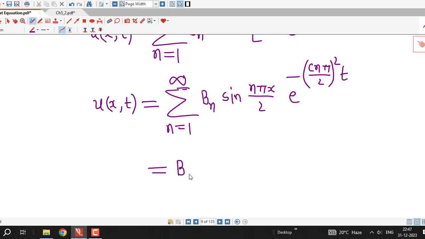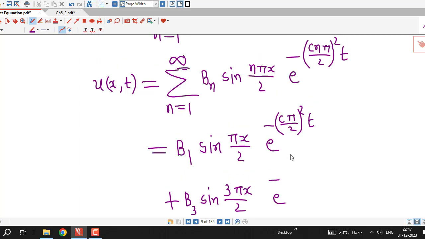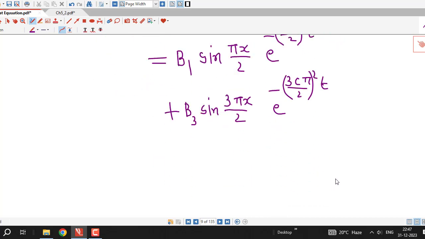For n equal to 1, I will have B1 times sin(πx/2) e raised to minus (cπ/2) whole squared into t, plus if I take n equal to 3, I will have B3 sin(3πx/2) e raised to minus (3cπ/2) whole squared into t.